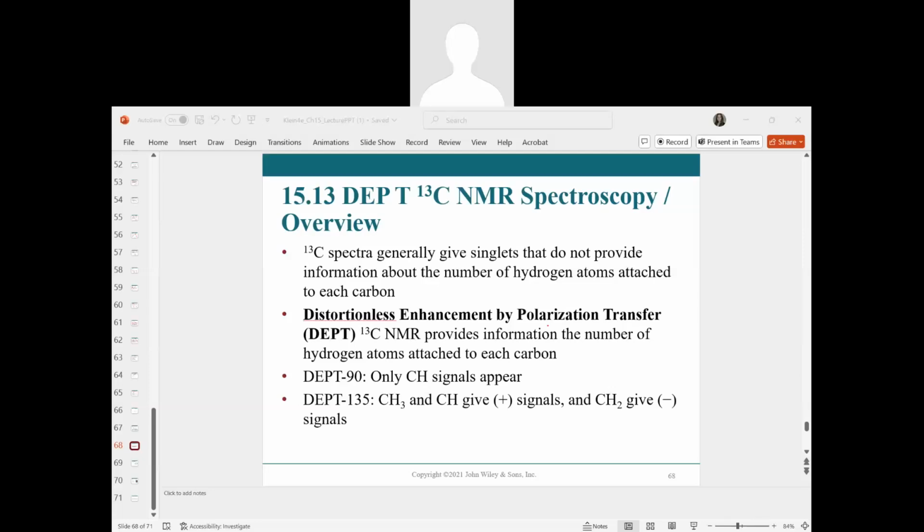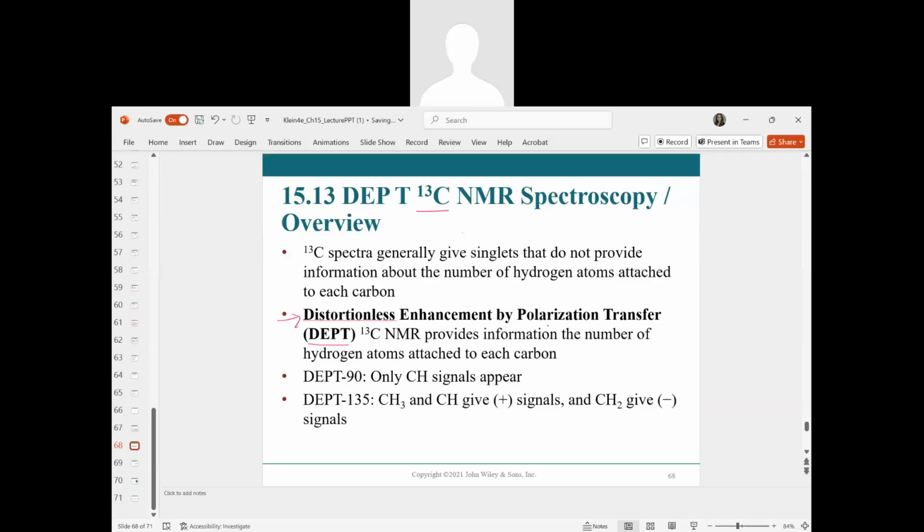In this last section of Chapter 15, we're going to talk about a specific type of carbon-13 NMR spectroscopy, DEPT, which stands for distortionless enhancement by polarization transfer, but you can just know it as DEPT spectroscopy.